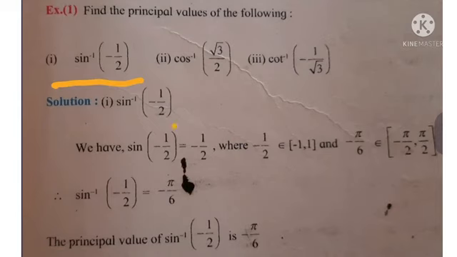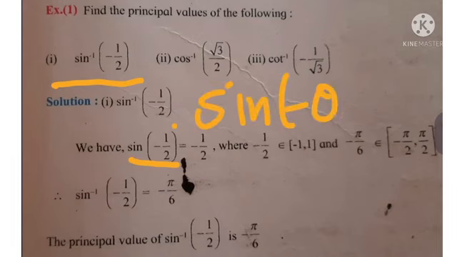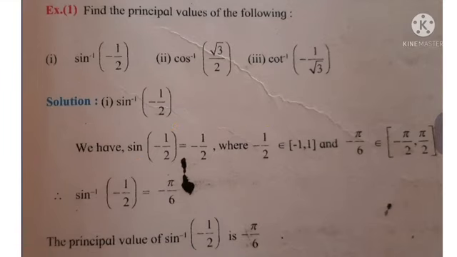Sine inverse of -1 upon 2. See students, we know we have sine of minus half. What is the formula for sine of minus theta? We know sine of minus theta is minus sine theta, where -1 upon 2 belongs to the closed interval -1 to 1, and here pi by 6 also belongs to the closed interval -pi by 2 to pi by 2.